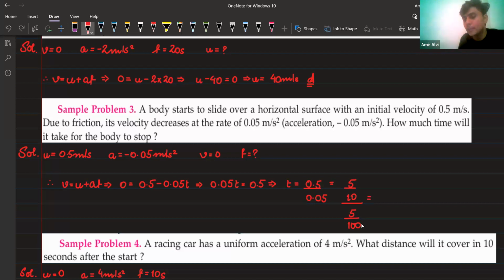So the lower fraction's denominator will go in the numerator, 100 over 5, and this 5 will go in the denominator of the upper fraction, that is 5 by 10. See, 5 is getting cancelled, and 100 is getting cancelled by 10. The answer comes out to be 10 seconds. Okay. Is that clear now?